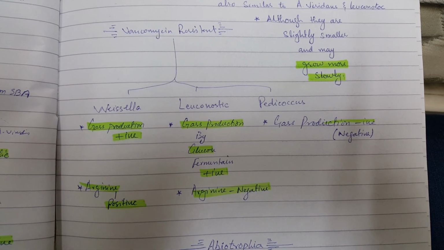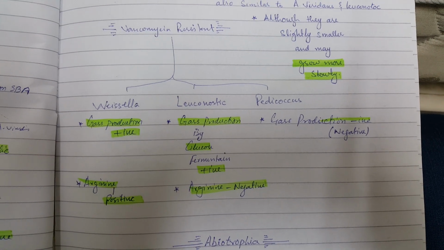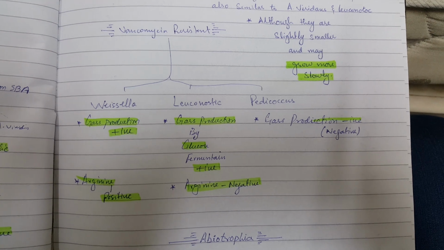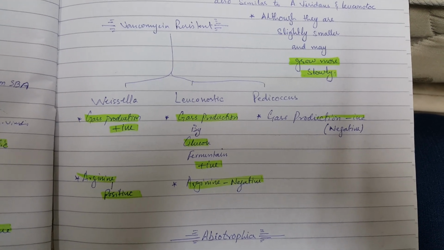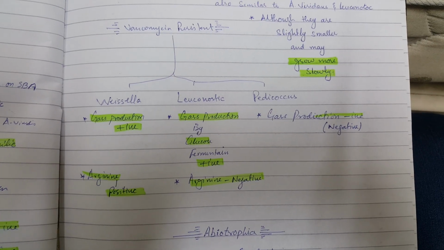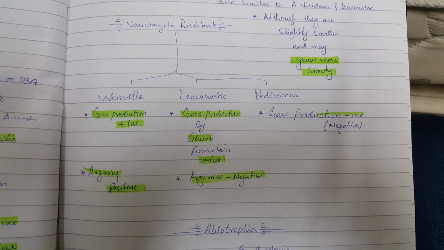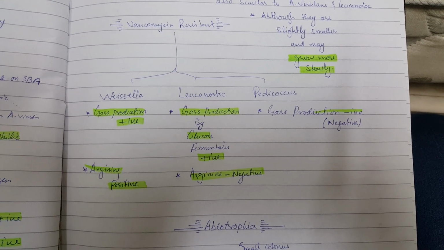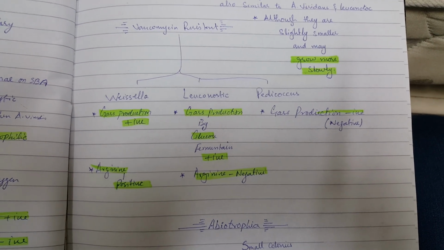If we check Weissella, Leuconostoc, and Pediococcus in this chart, you will find that both Weissella and Leuconostoc produce gas from glucose. But Weissella is positive for arginine, and Leuconostoc is negative for arginine, while Pediococcus does not produce gas from glucose in MRS broth.